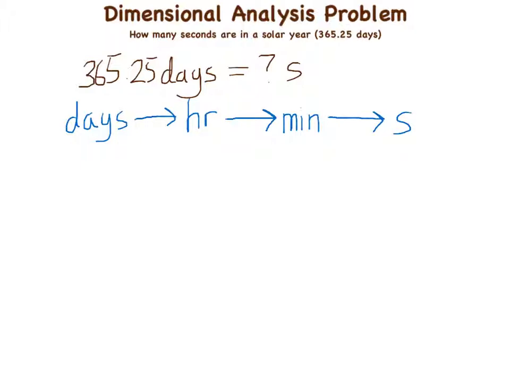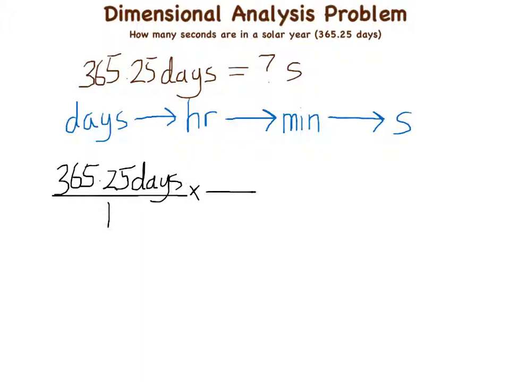We'll go to black now. So remember the very first step, well, that was the very first step, but the very next step is to write 365, the given units, which is this right here, days. Throw it over 1 to make it look nice. And now we use some conversion factors. The first step is to convert days to hours, because that's what our plan says.